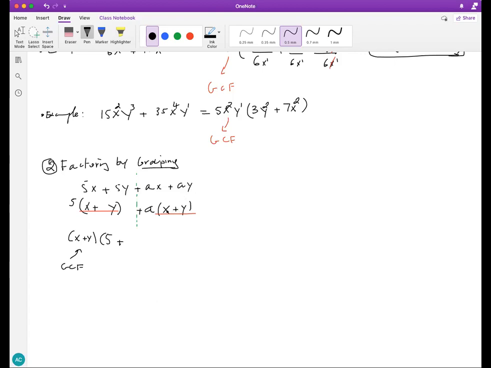Look at it this way. If we divide this by x plus y, the GCF, these two cancel out, we end up with 5 by itself. That's why we have 5 here. Same way, divide these, we get a. As you can see, we turn additions into a product. So this is some a times b.